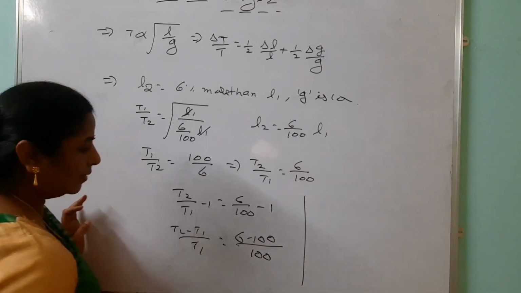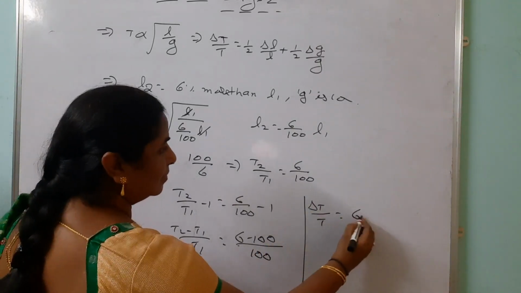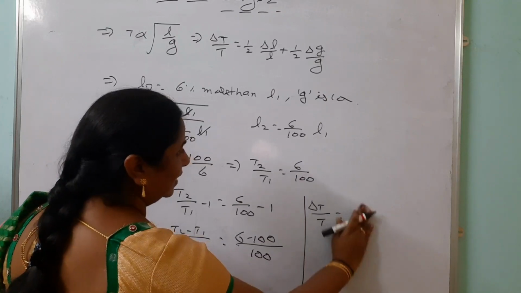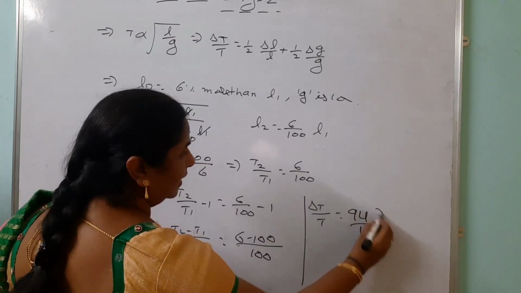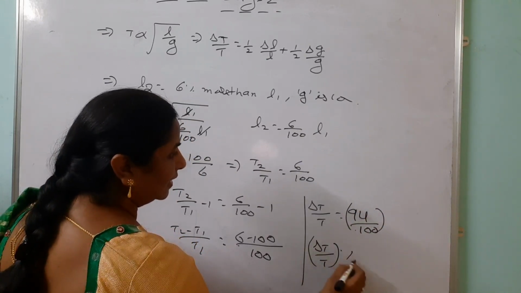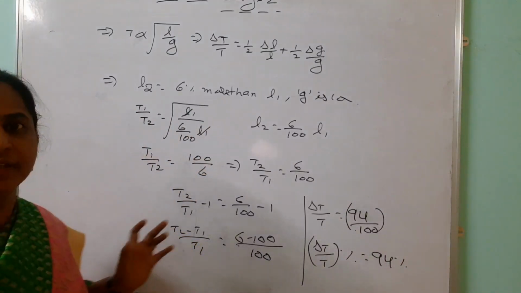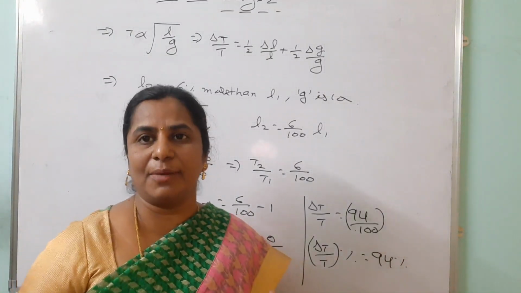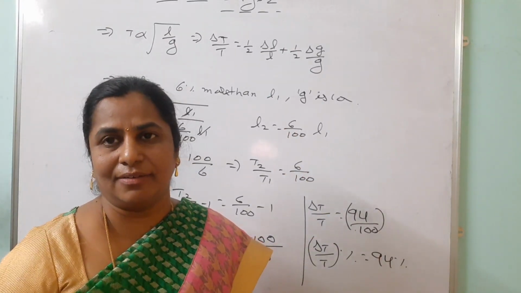T2 minus T1 by T1, we are taking delta T by T, equals 6 minus 100, which is how much? 94 by 100. In terms of percentage, we multiply delta T by T with 100. So our answer is how much? 94%. Like that, if it is more than 5%, we must follow this method to find out the errors.